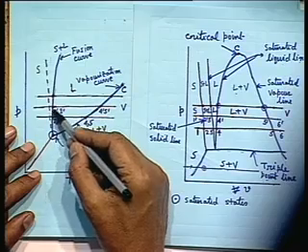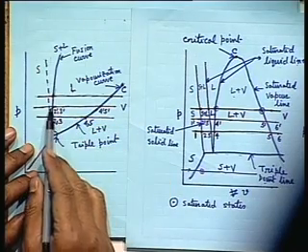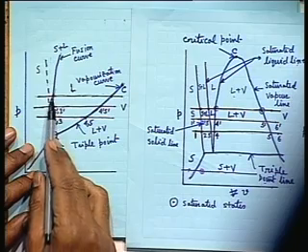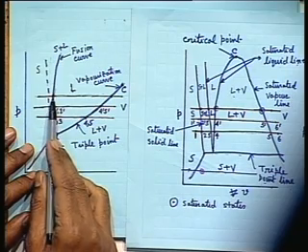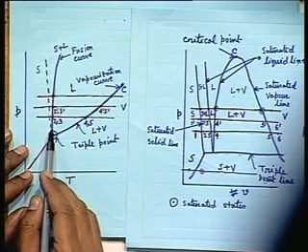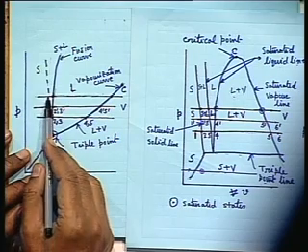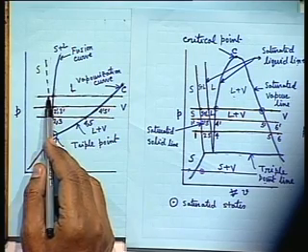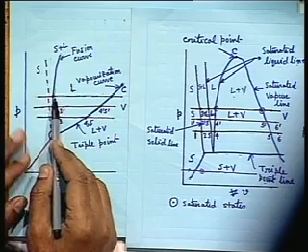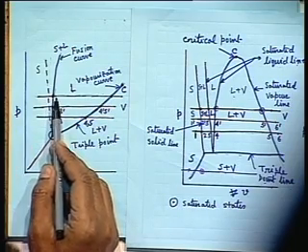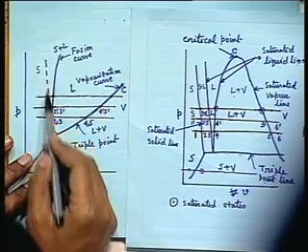That means if you increase the pressure, the saturation temperature for melting or solidification increases very little. But for water, the behavior is a little different. As you go on decreasing the pressure, the melting or solidification temperature increases. But in both cases, the decrease and increase is very slow, very small, so this curve is very steep.